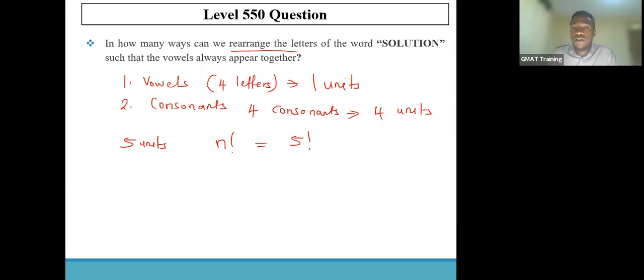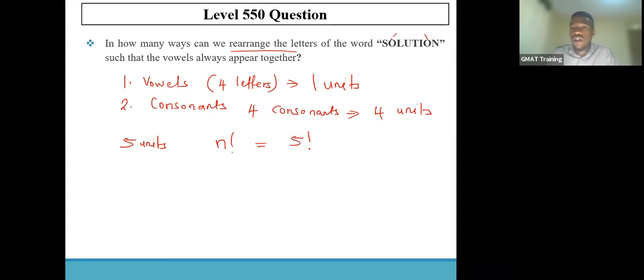However, among these 4 letters, we have to find a means of arranging them. We notice that we have 2 letters that are not distinct, in that they are repeated.